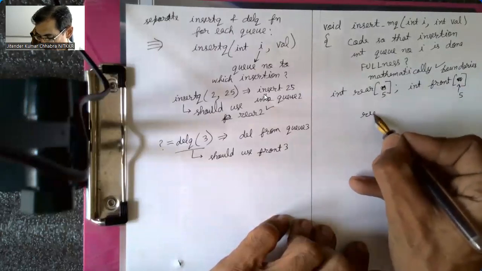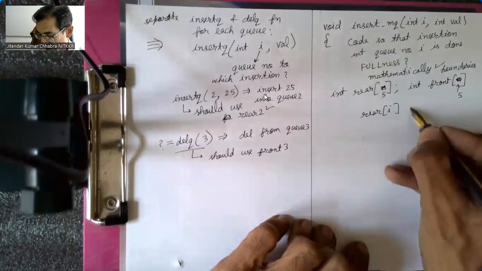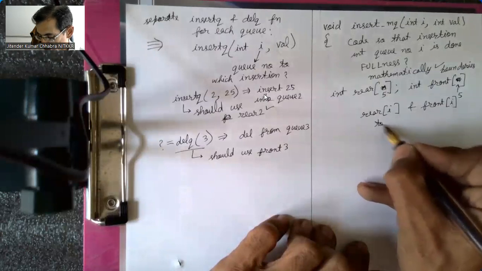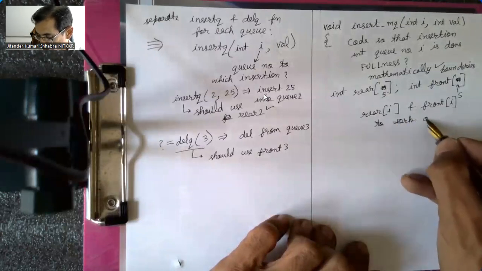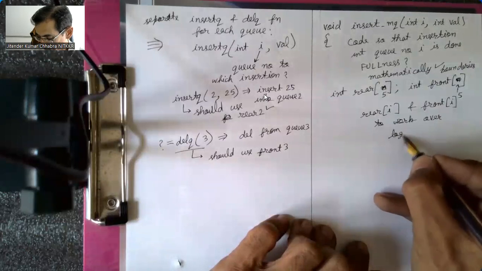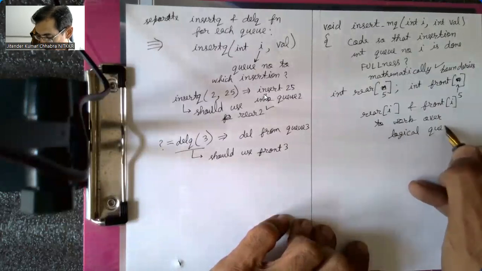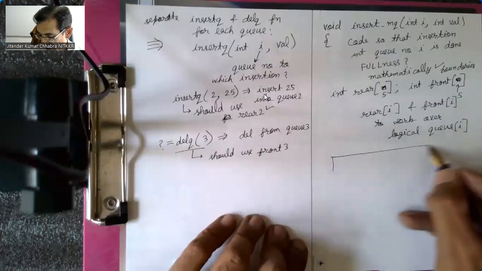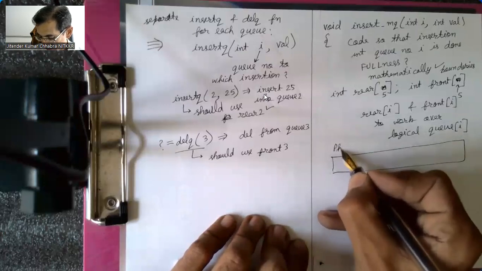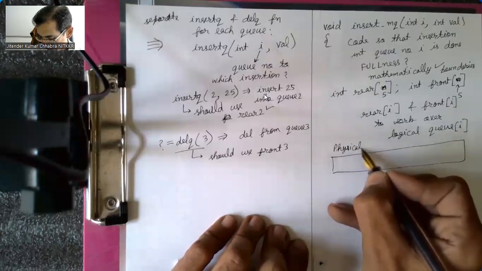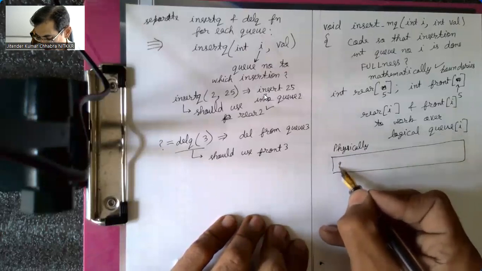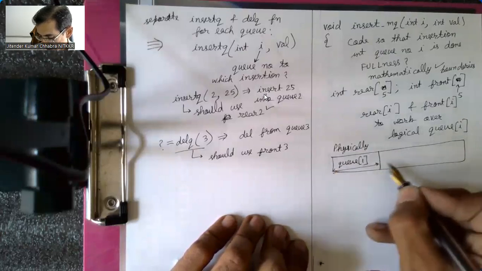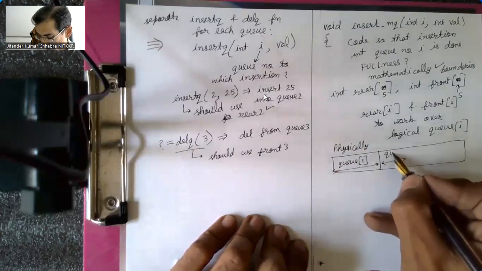So effectively, your rear I and front I can be the corresponding indexes to work over logical queue I, where all queues are in the same physical array. So physically, this is my Q1. Next is Q2.